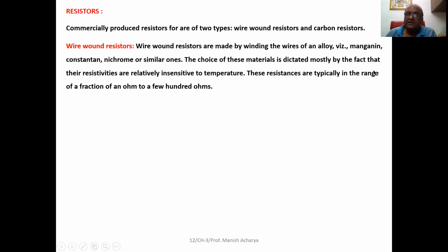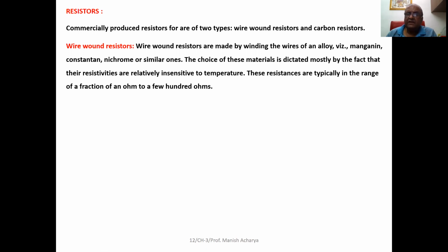And the material itself, the alloys, are also costly. Okay, no doubt they are insensitive to temperature, but practically, when we think about using the wire wound resistor commercially, it is not viable.